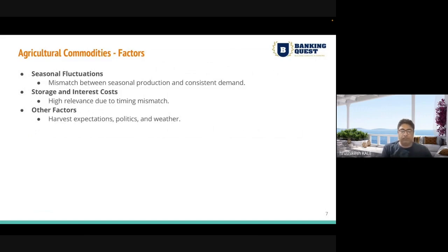Agriculture commodities have significant fluctuation against storage and interest cost. They have interest costs also because they take loans, and other factors like harvest, expectation, politics, and weather play an important role in agriculture.